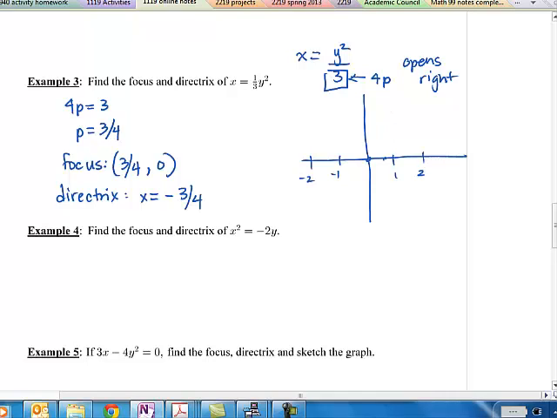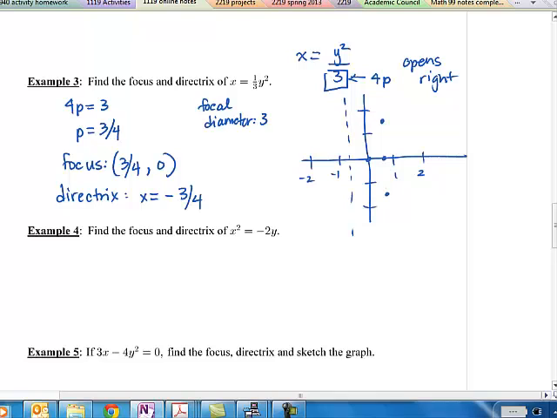So focus 3/4, 0, directrix -3/4, and the focal diameter is 3. So through this focus we want to go 1.5 units up and down to get some other points.